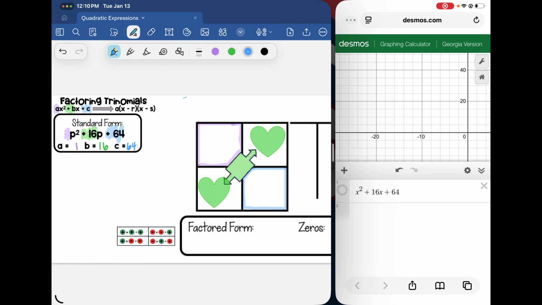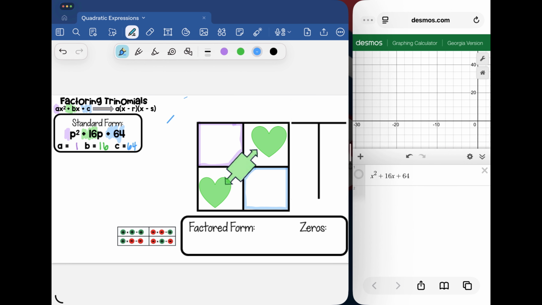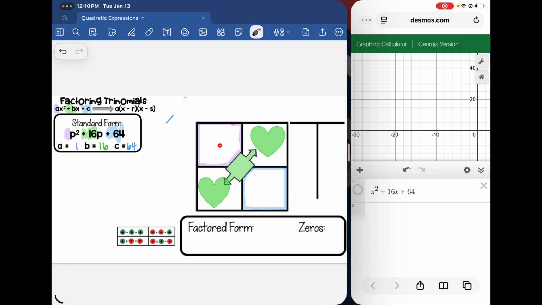All right. So what term am I going to put in this box? Hopefully you said the p squared, which is my quadratic term. What term am I going to put in this box? Hopefully you said 64, which is your constant term.